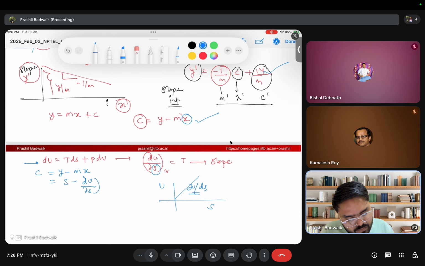This is giving you s minus, what is this? Del u by del s is my t. X is s, y is my u, sorry, it was a mistake here, this is u. See, this is my u, this is my s, that's why my slope is equal to del u by del s.